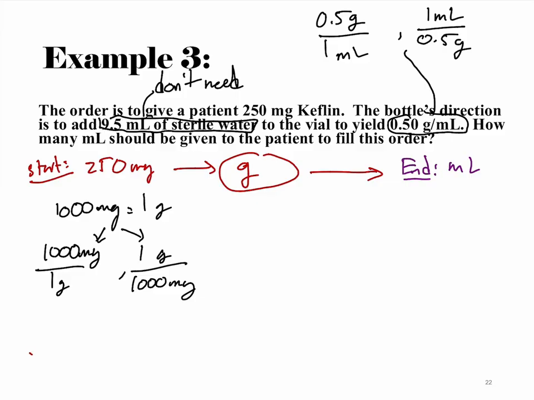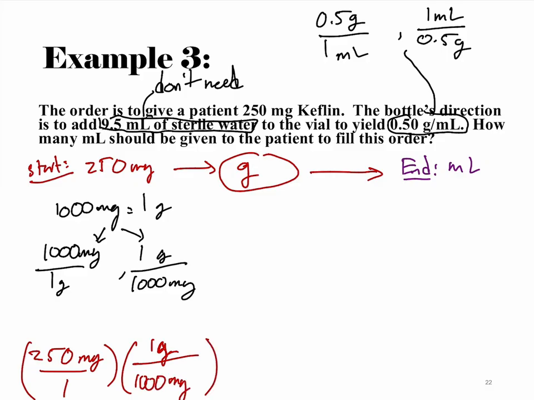We start with 250 milligrams over 1. We multiply it by the left or right conversion factor between grams and milligrams. The right, why? Because we want units of what to cancel out? Milligrams. And then what's the second conversion factor we use, the left or the right up there?